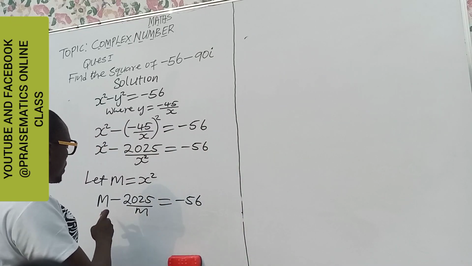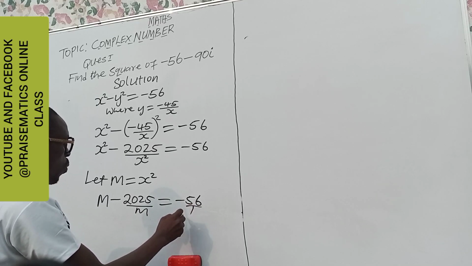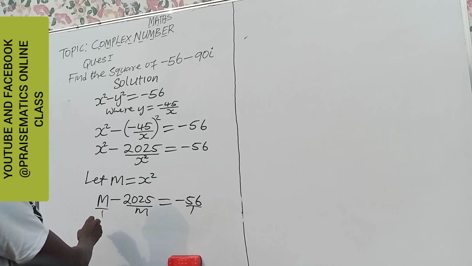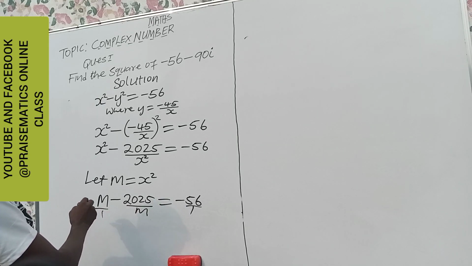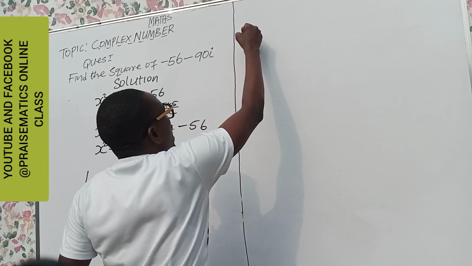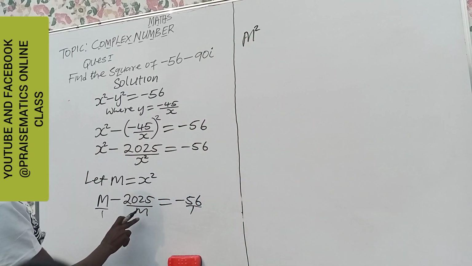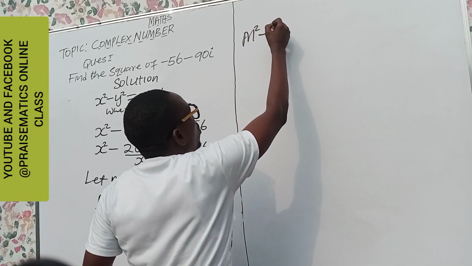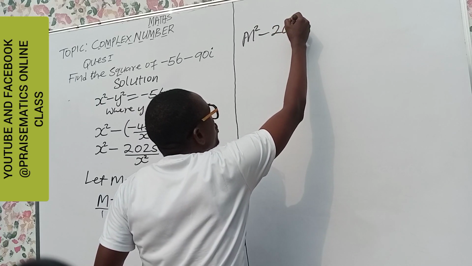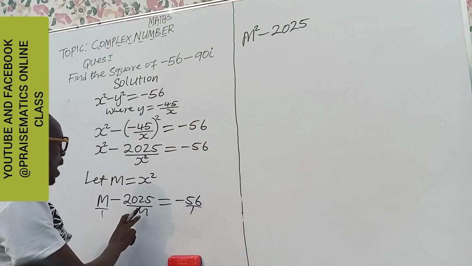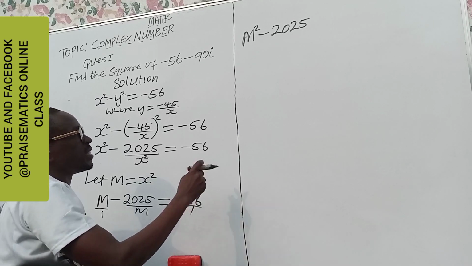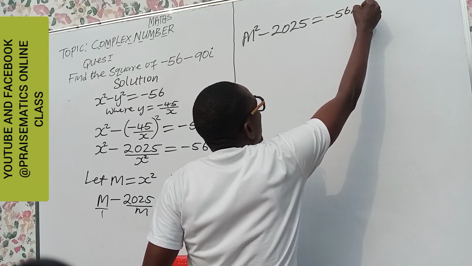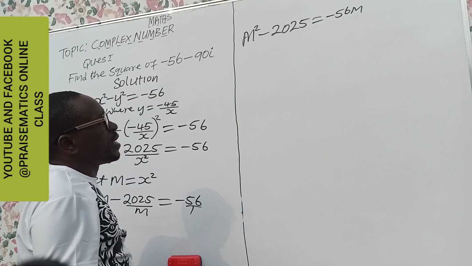The LCM here is m. m divided by m will give us 1. m divided by 1 will give us m. m times m will give us m squared. m divided by m will give us 1. 1 times this will still give us minus 2025. m divided by 1, m times this will give us, equal to minus 56m.